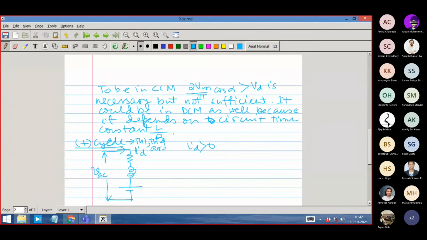I know that the voltage that is coming to the DC side is VAC. I hope you have no doubt about that, because I have assumed ID greater than 0 only for that duration. After that, I don't have to do any equation, because there is no current.